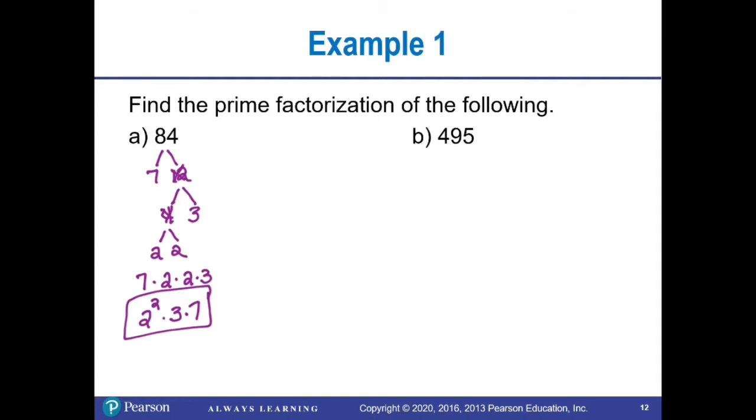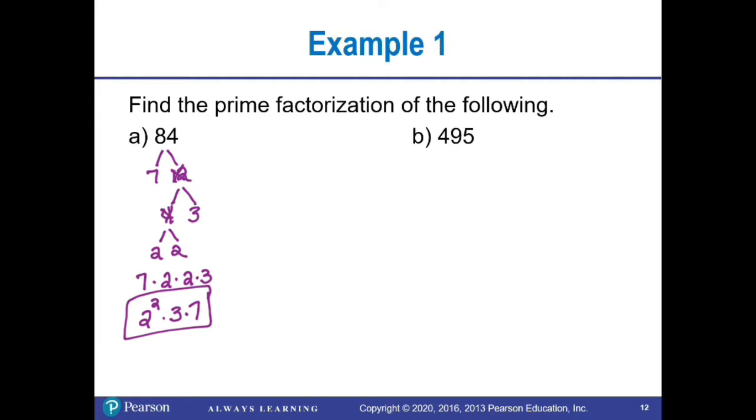You may be wondering, what if I did not start with 7 and 12 as the factors of 84? You can begin a factorization with any factors of 84 or whatever number. So here, if I had started with, say, 2 and 42, I still would have ended up with the same answer.